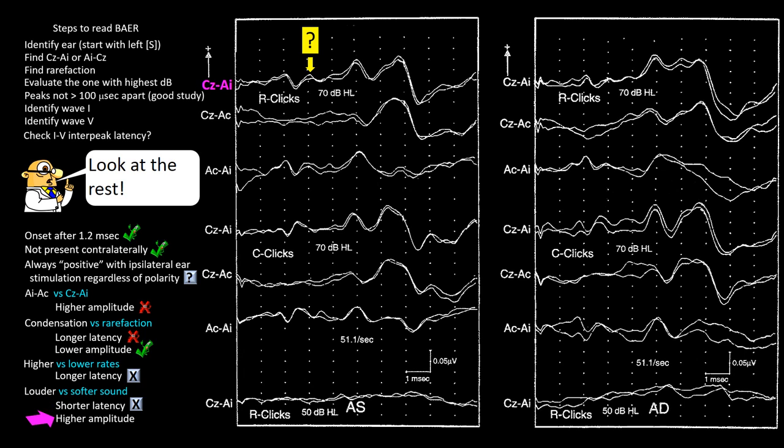The following item has to do with amplitude. Louder sounds make up for waves with higher amplitude. We know that at 70 dB the amplitude of the putative wave 1 is 0.29, whereas at 50 dB it is 0.